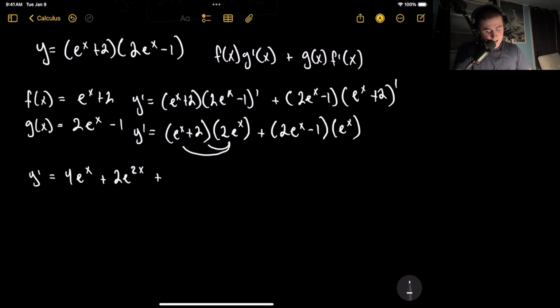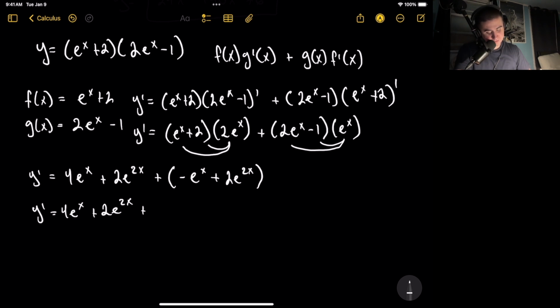Okay, and now we're going to add, again, we'll distribute the e to the x to the two terms on the left of that parentheses, and we're going to have e to the x times negative 1, which is negative e to the x, and then e to the x times 2e to the x, that is just 2e to the power of 2x. Now we'll get rid of the parentheses, so we have y prime is equal to 4e to the power of x plus 2e to the power of 2x minus e to the x plus 2e to the power of 2x.